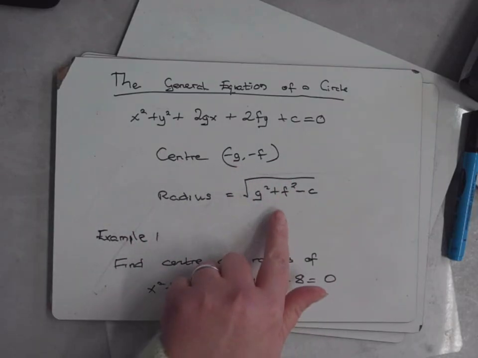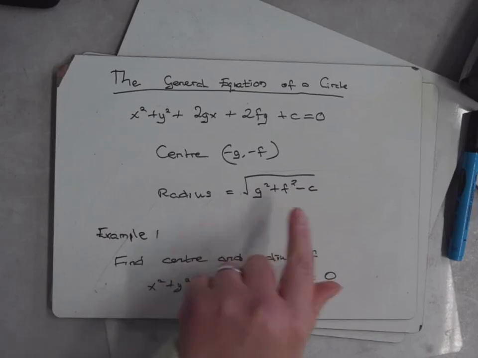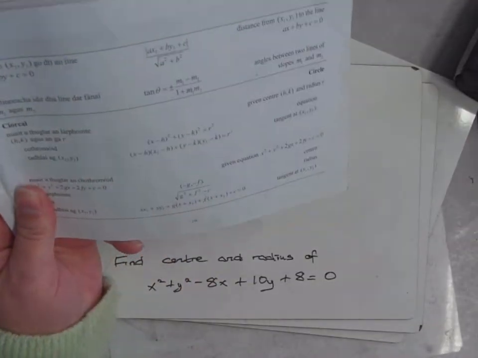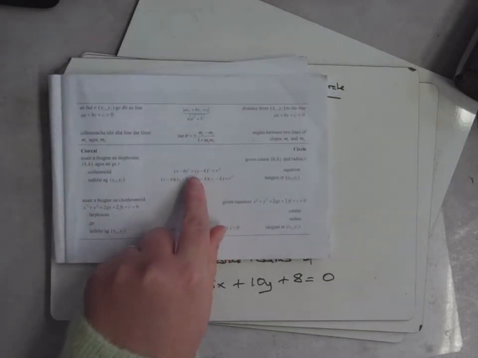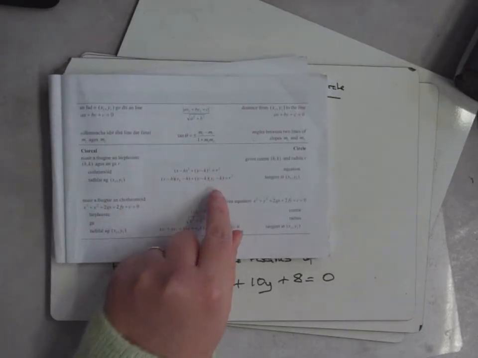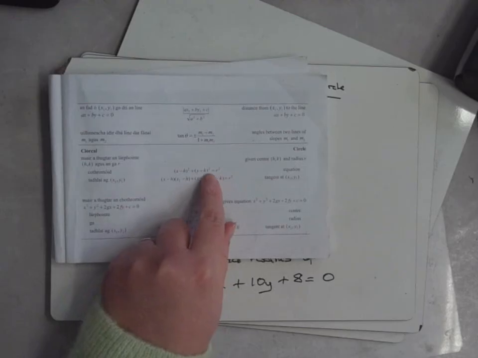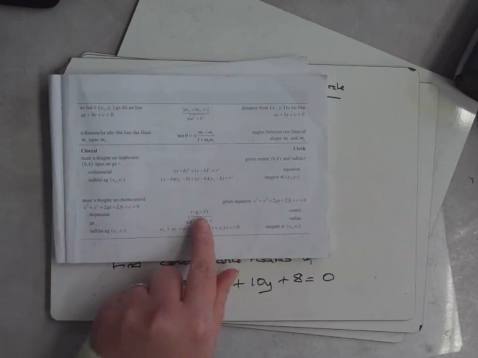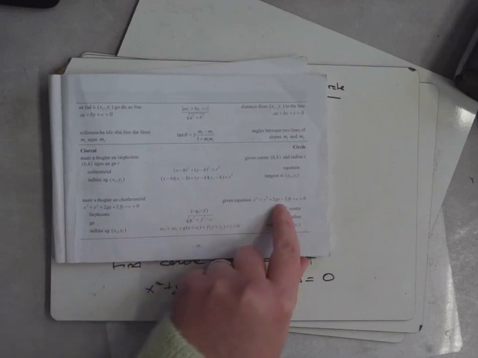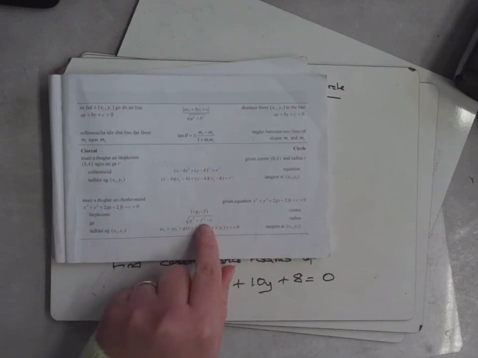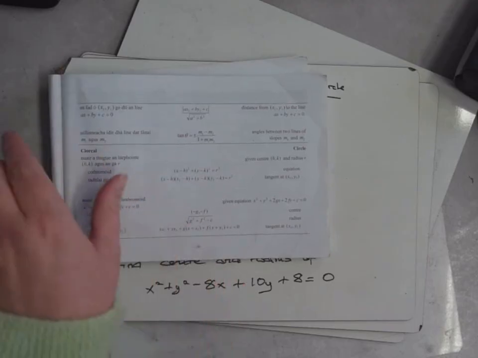Right, and these are in the log tables, on page 19, the page over from the line. There's the general equation there that we had, and this is all down here. Look, minus G, minus F, there it is there, and the radius. We'll get to this.